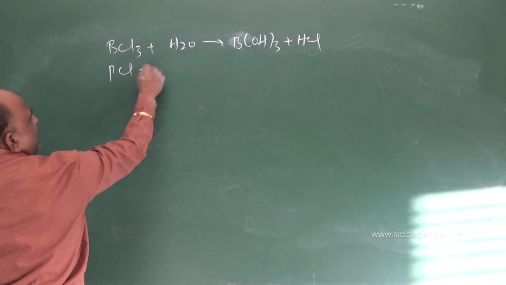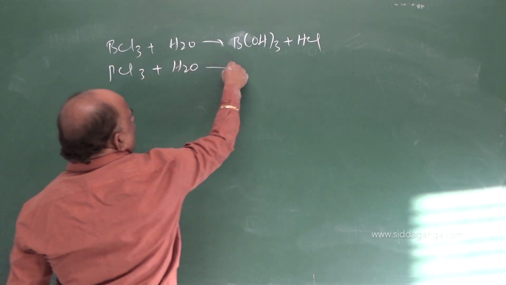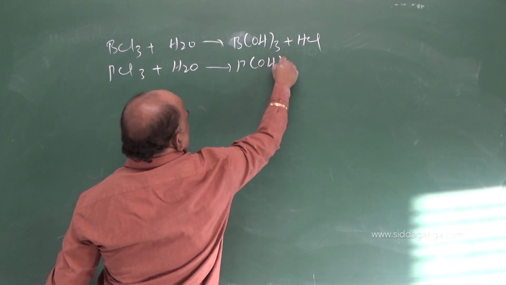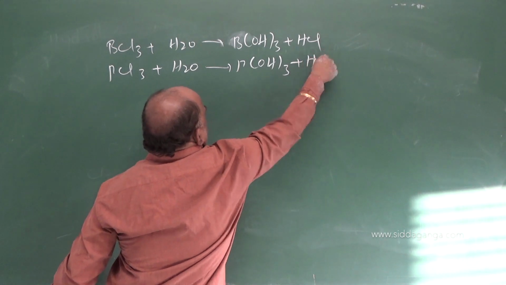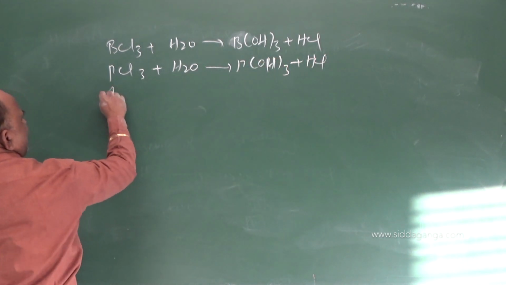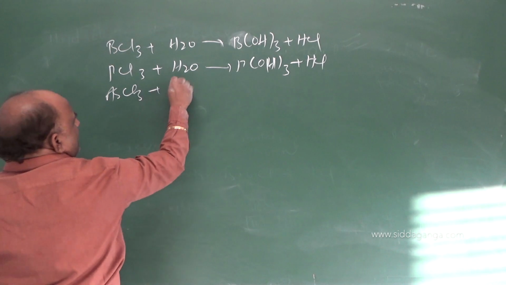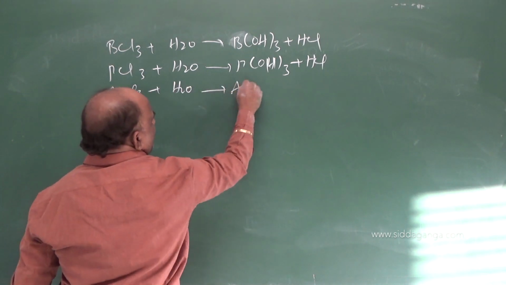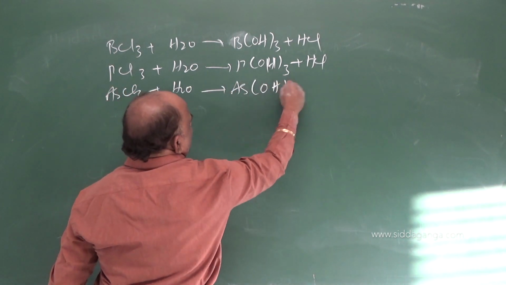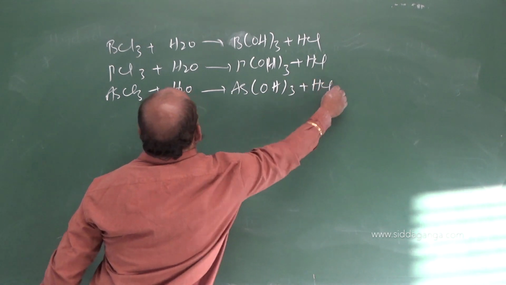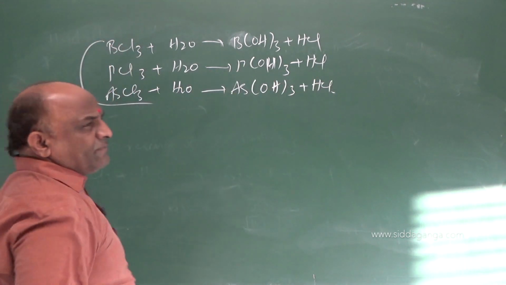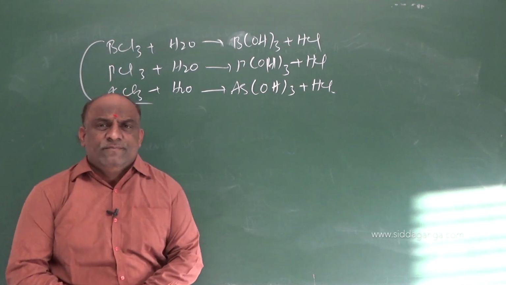If it is PCl3 plus H2O, it gives rise to P(OH)3 plus HCl. If the compound is AsCl3 plus H2O, it gives rise to As(OH)3 plus HCl. This is the general pattern, the general hydrolysis reaction.